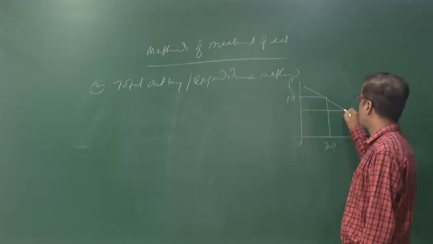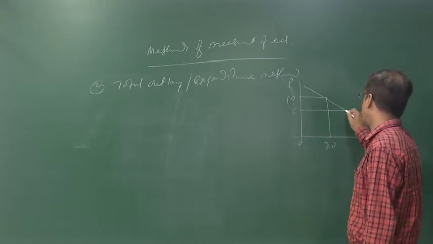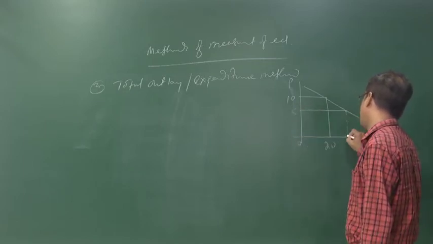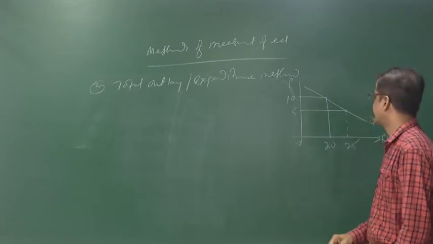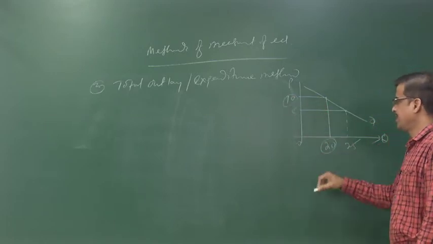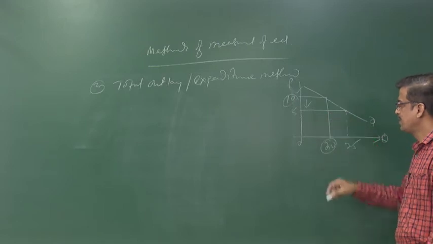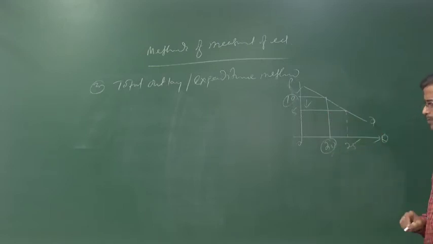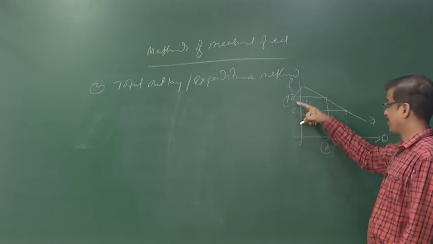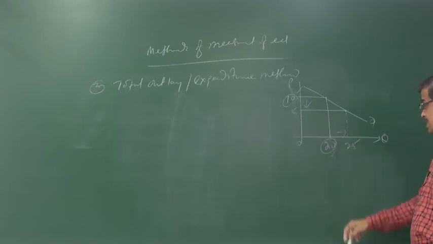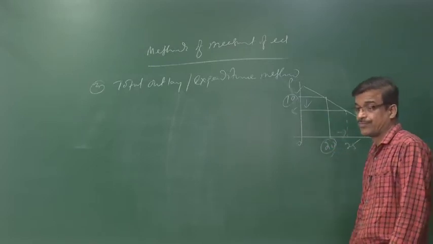When price falls to 5 rupees, quantity demanded increases to, let us say, 25 units. Initially price is 10, quantity demanded is 20. When price falls from 10 to 5, demand increases from 20 to 25.